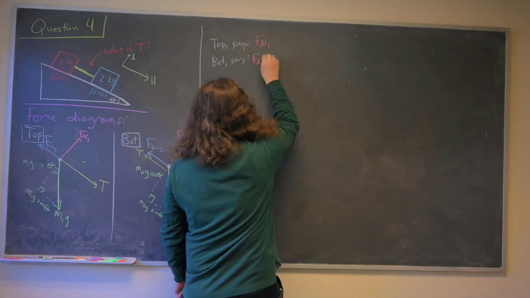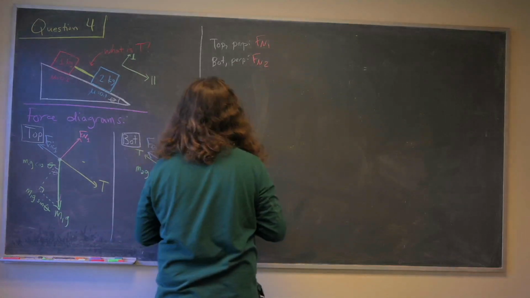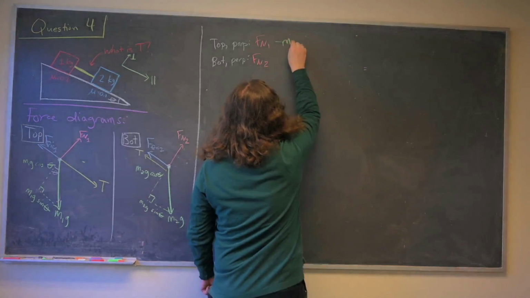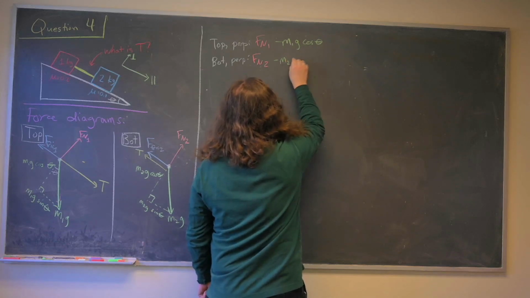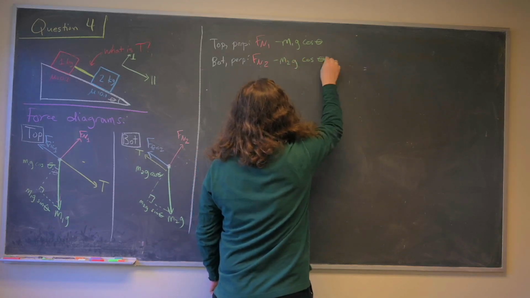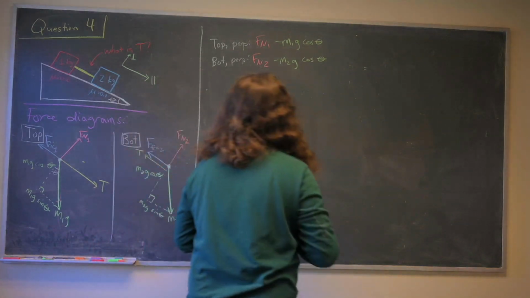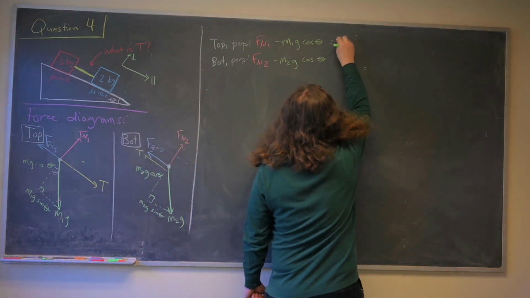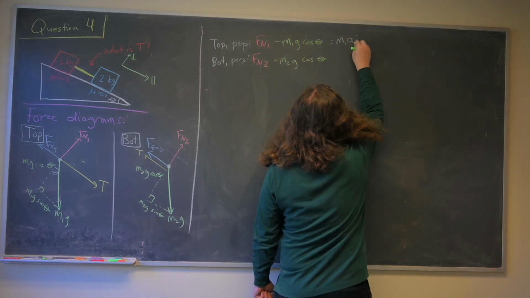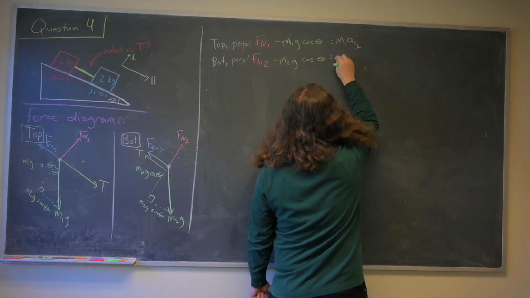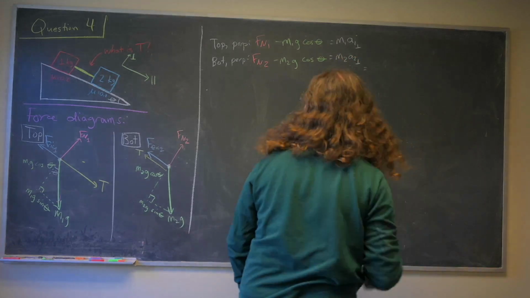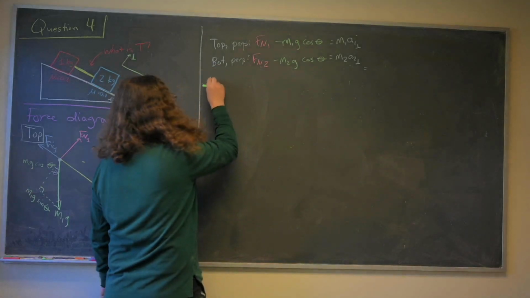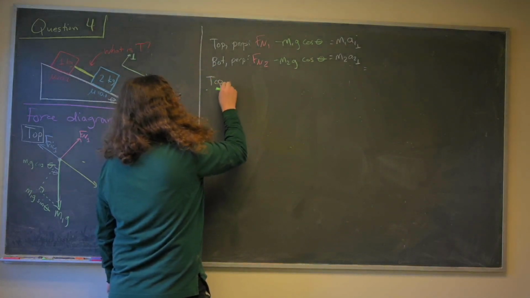Fn1, Fn2, minus m1g cosine theta, minus m2g cosine theta. Now, we know the accelerations in the perpendicular direction are 0. But I'm going to go ahead and get all the equations written down and then put that in.